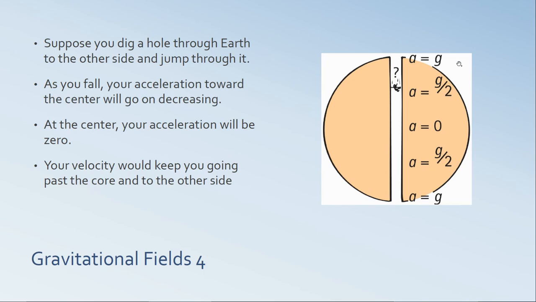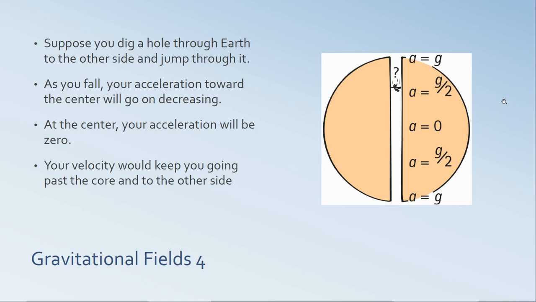So here on the surface of the planet, the gravity is g. Once we get halfway down, the gravity is divided by 2. And then at the very center of the planet, the pull of gravity of the entire mass is canceled out by the rest of the mass. So our acceleration is going to be 0.